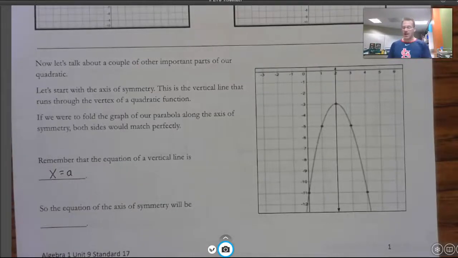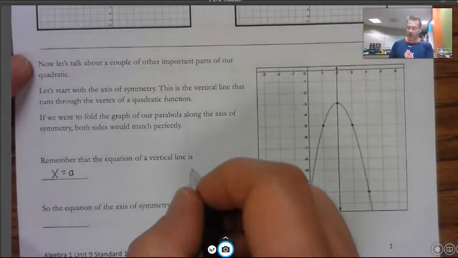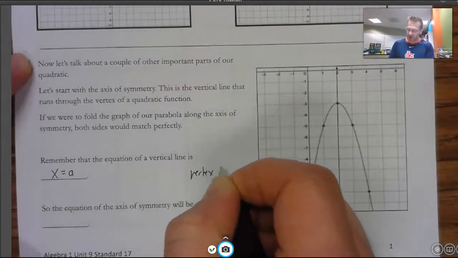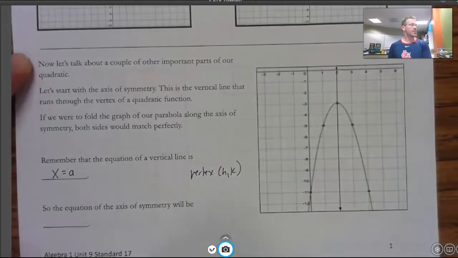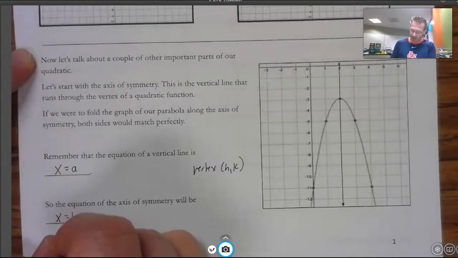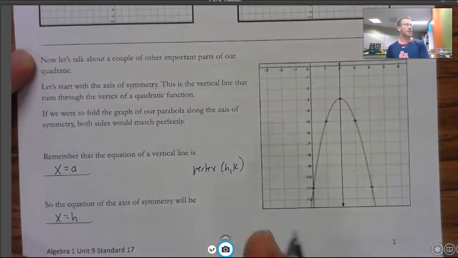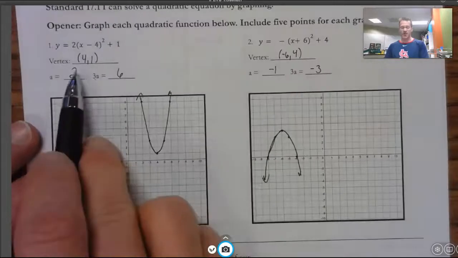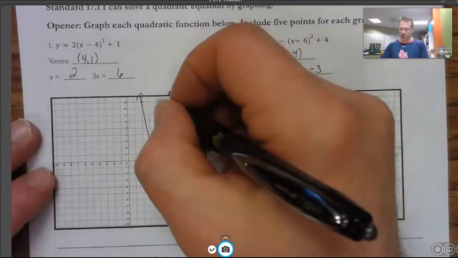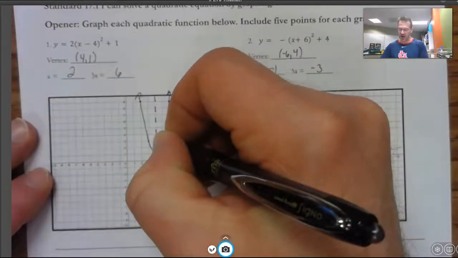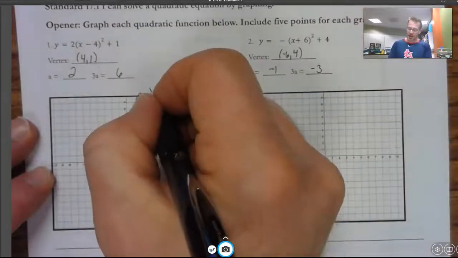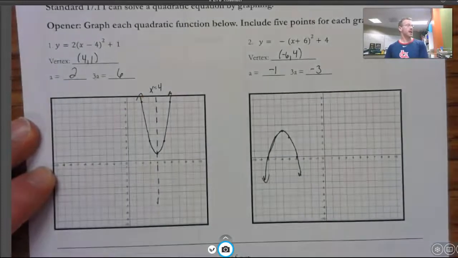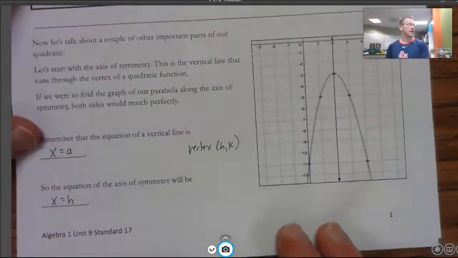Now, if our vertex is (h, k), what we know is that the equation of our symmetry will always be x equals h, whatever that value is in our vertex. So up here, notice it's 4. If I drew my axis of symmetry in this graph, that equation would be x equals 4, or x equals h. We should know that that's what we're going to get every time.